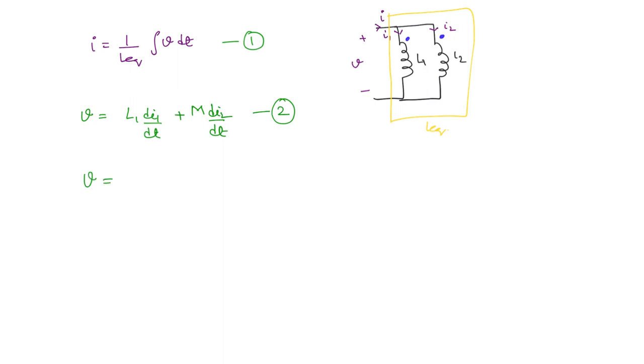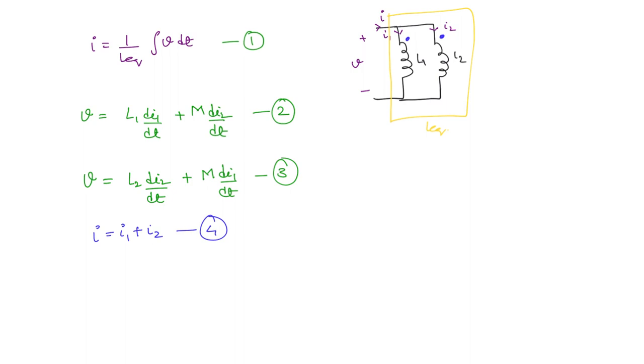Finally, the voltage across the second inductor is similarly L2 dI2 by dt plus M dI1 by dt, because of the current through itself and the current through the other inductor. What is another equation that we have? The KCL gives you I is equal to I1 plus I2. This is the fourth equation.